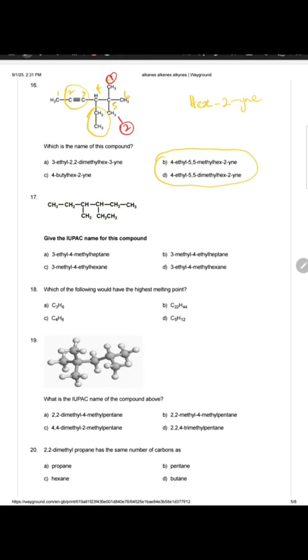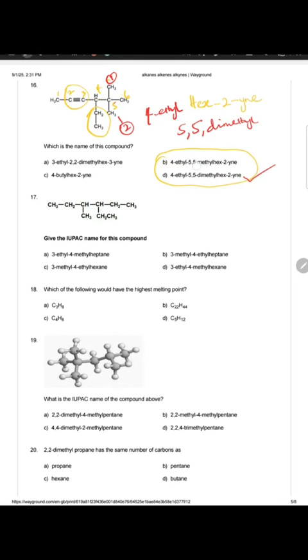Does that make sense? So remember the 4th carbon has ethyl, so that's 4 ethyl. But then on the 5th carbon we have 2 methyl, 5. Because we have 2 methyl, we call it dimethyl. So the name of this hydrocarbon is going to be D.